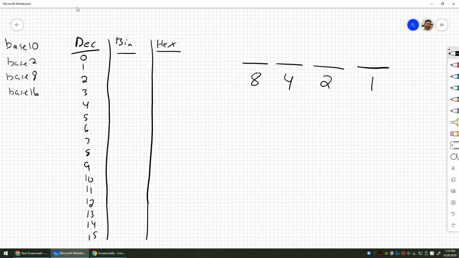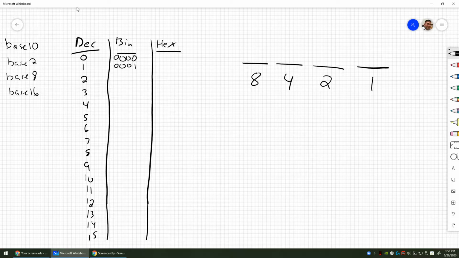Okay, so 0 in decimal is 0, 0, 0, 0 in binary. We have nothing. We have no eights, no fours, no twos, no ones. All zeros. The 1 in binary is 0, 0, 0, 1. We have 1, 1.